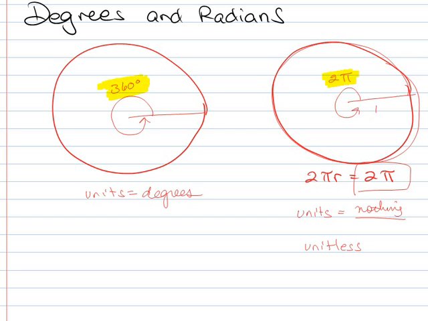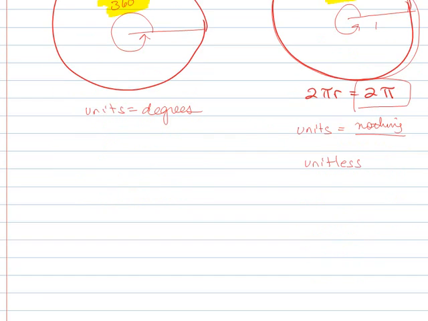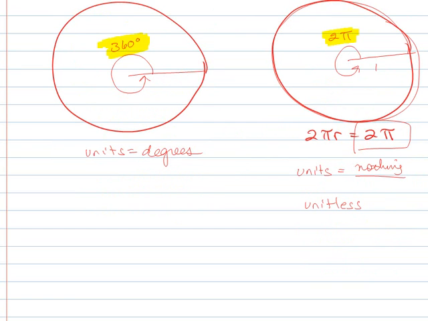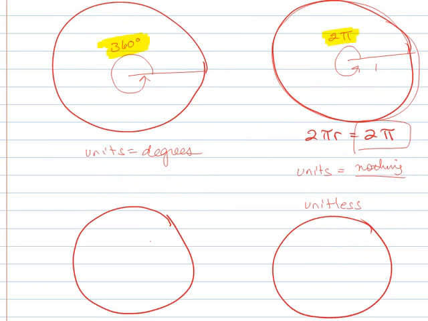Now, really just getting started with degrees and radians, it's important just to be able to convert from one to the other. So let's make some comparisons of my little circles. If I've got 360 degrees, I said that's the same thing as 2 pi. Now what if I have 180? If I go half the circle, would it make sense that I've gone half of 2 pi?